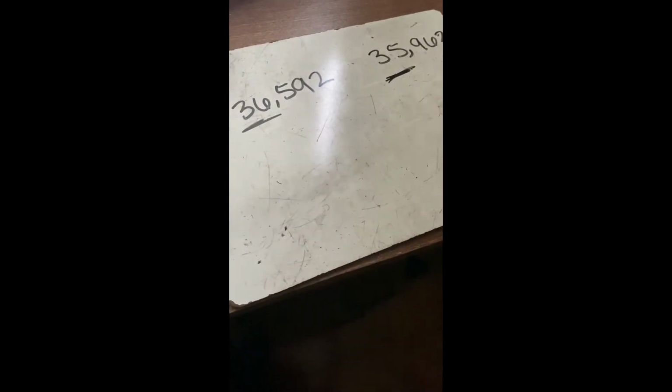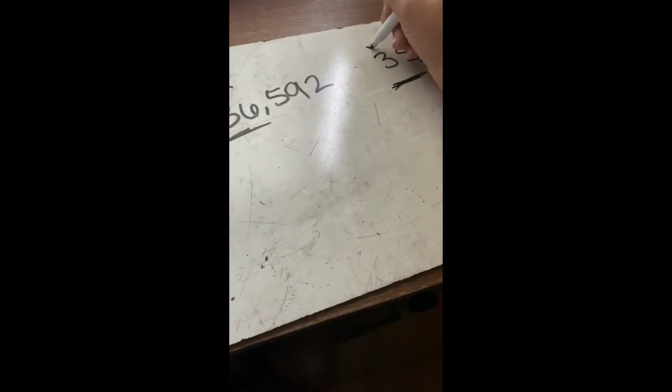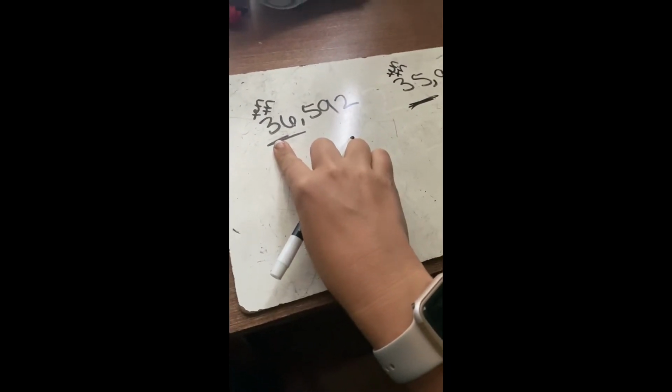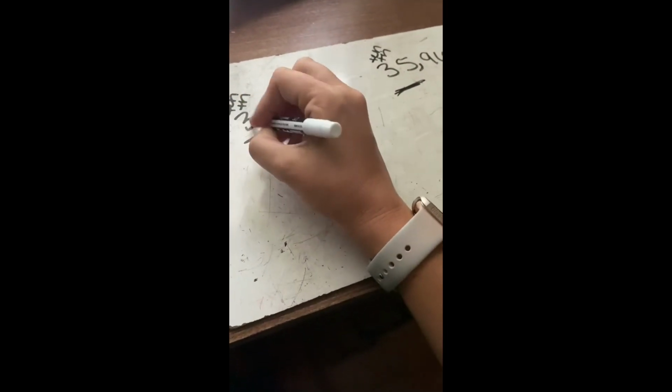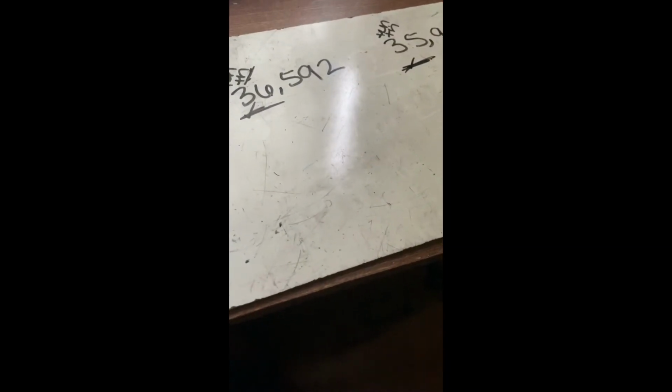So thousands are naturally bigger than ones. This one is our 10,000s. And both of these numbers have a 3 in the 10,000s place. So that means it's 3 tens, 30,000. Both of them have 30,000, so they're equal in that sense.